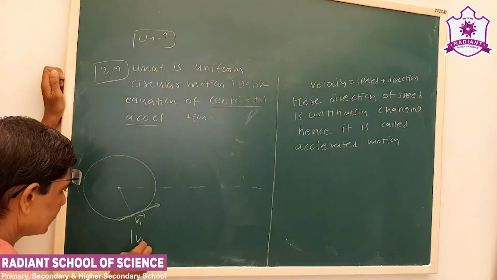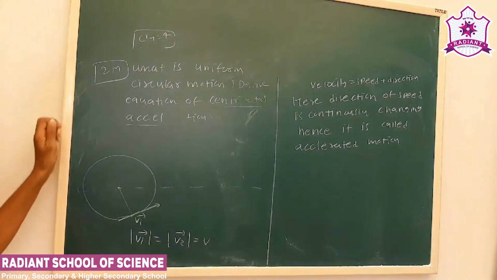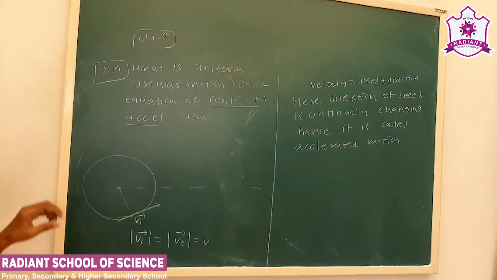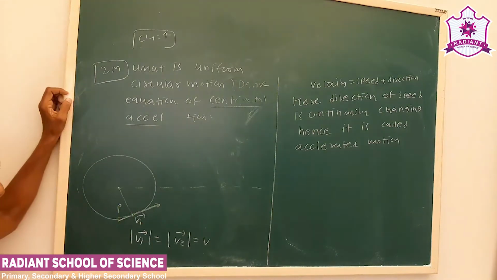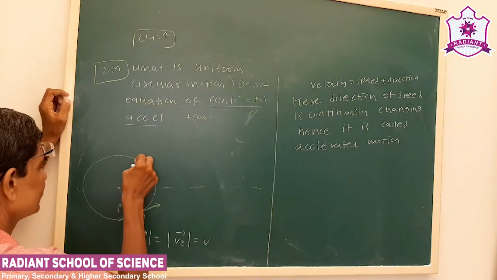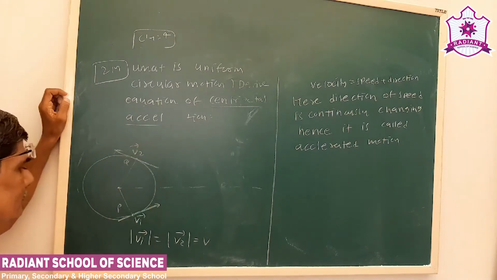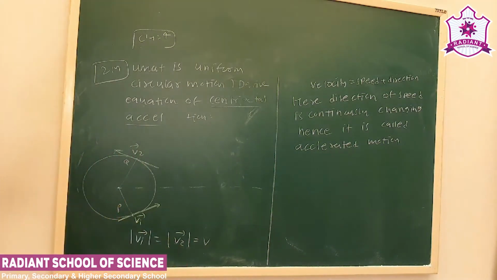Here is a motion with a constant speed, so the magnitude will be equal. Now let us say at any instant, time t, the position is P. After some time, let us say it is at Q. But as I told, the magnitude of the speed is the same.